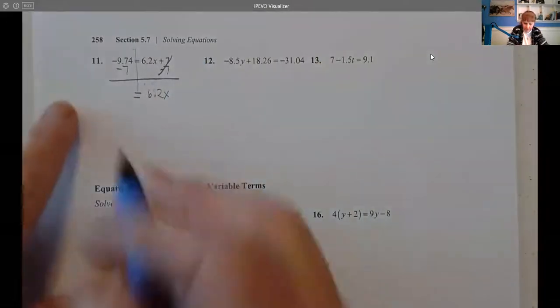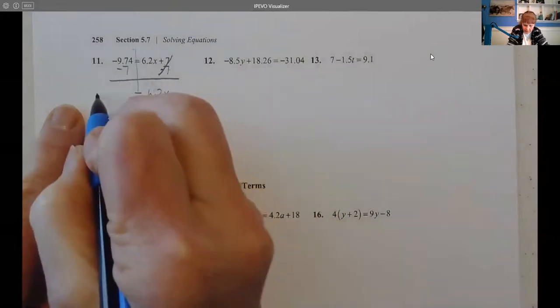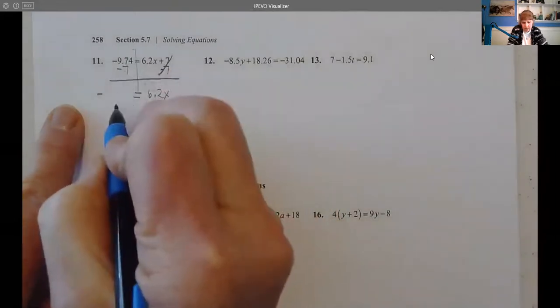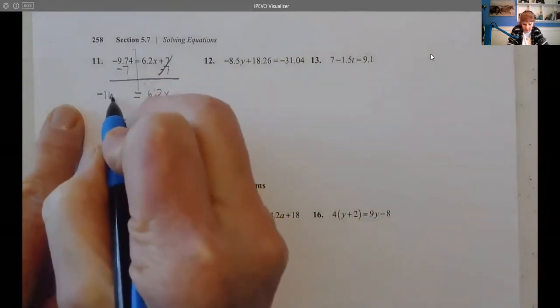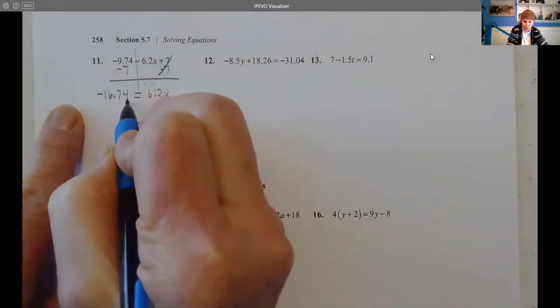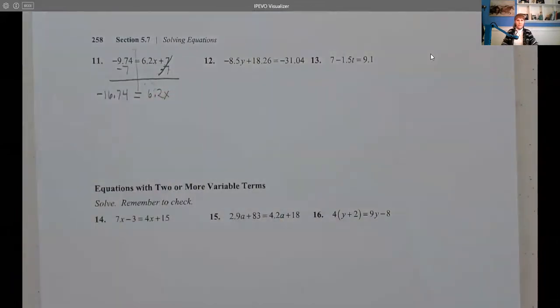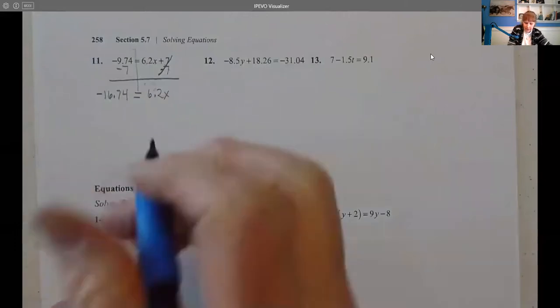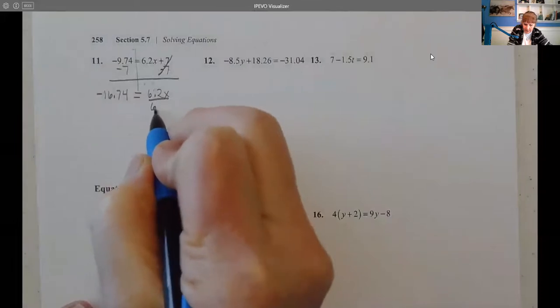So then we add these two together, and you'll get a negative 16.74 when you add those together. You can do that on your calculator if you need to. Now I need to get rid of the 6.2. I want a 1 in front of the x, so I will divide by 6.2.